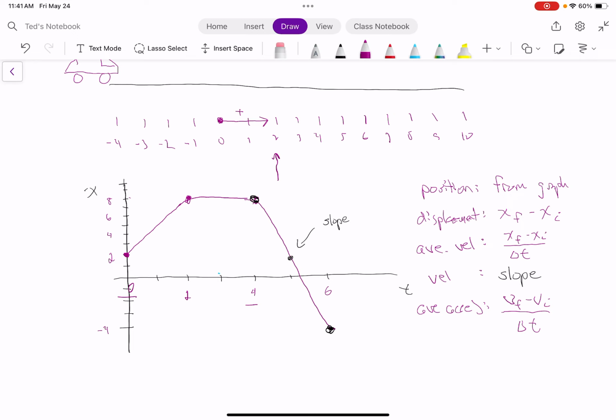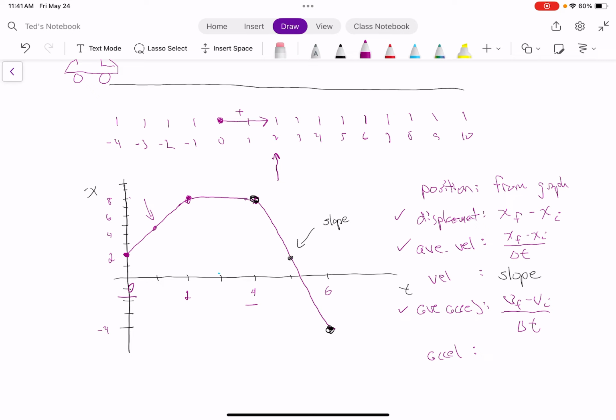So maybe I could find the velocity at 5 seconds, I could find the velocity at 1 second, and I could find the average acceleration from 1 second to 5 seconds. Remember, displacement, average velocity, and average acceleration always have a start time and a finish time. Whereas the position is right now, the velocity is right now, and acceleration is right now.